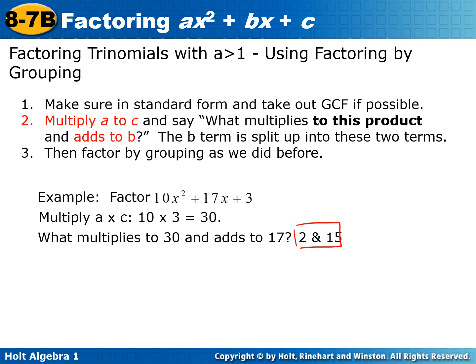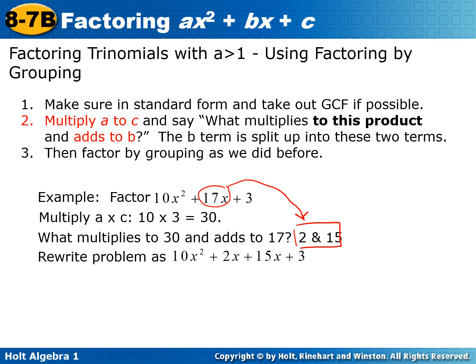Now, once I've done this, my next step says the B term is split up into these two terms. So 17 is going to be split up into these two terms. So essentially, I'm going to uncombine like terms. So instead of having 17x in the middle, notice I now am going to have 2x and 15x.